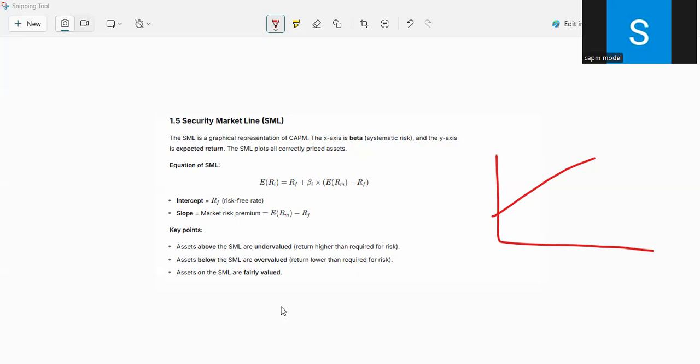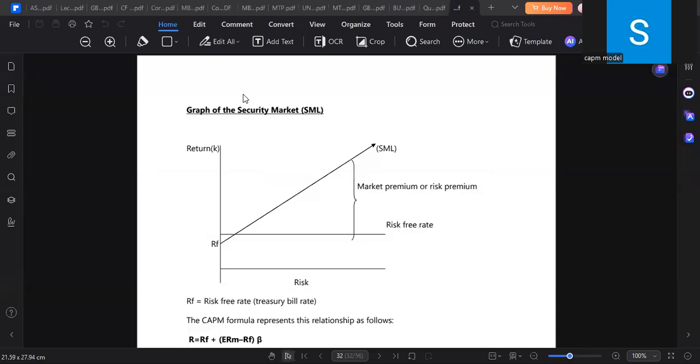So this SML line looks something like this.